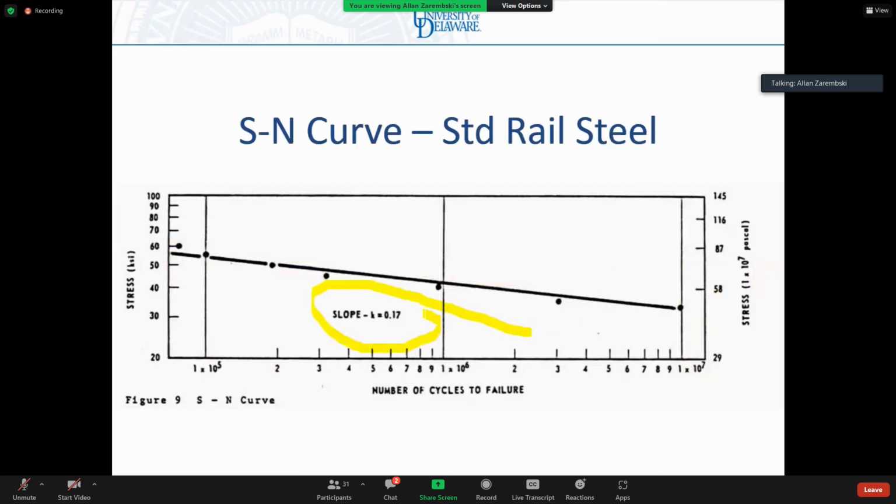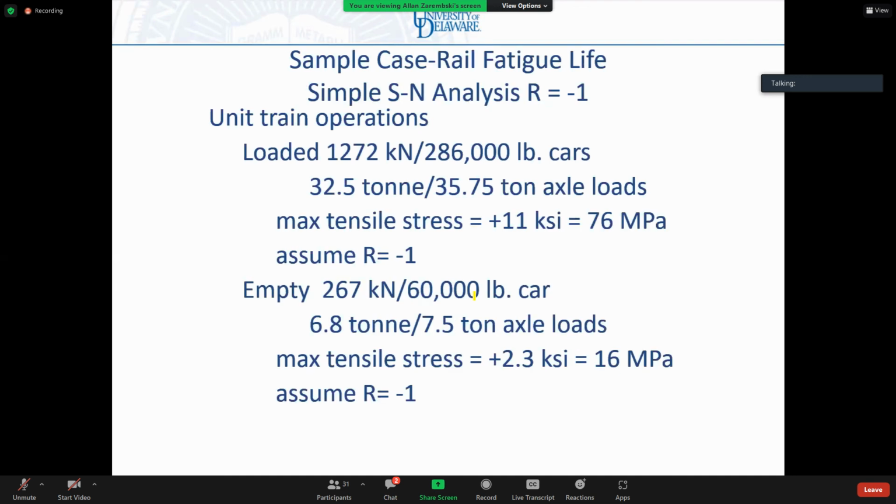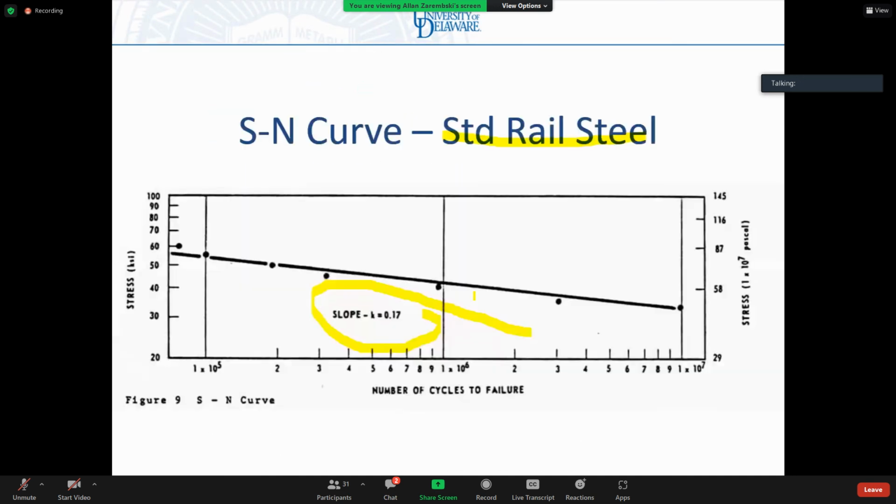This is a curve of standard rail steel, so my slope is 0.17. My endurance limit is roughly around 400.